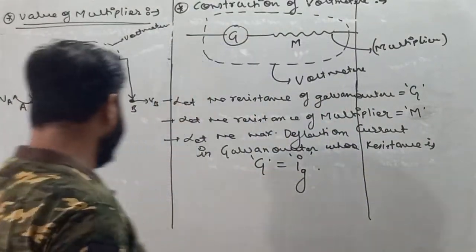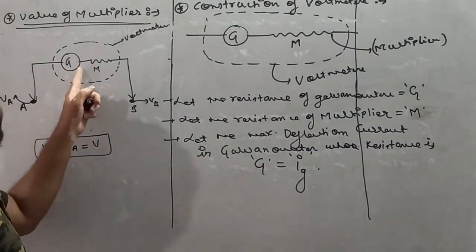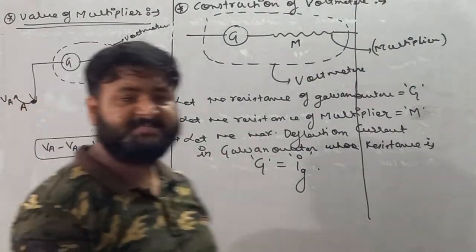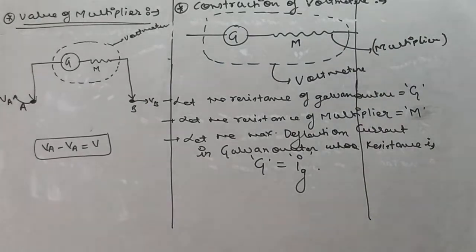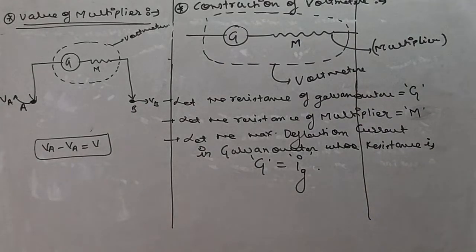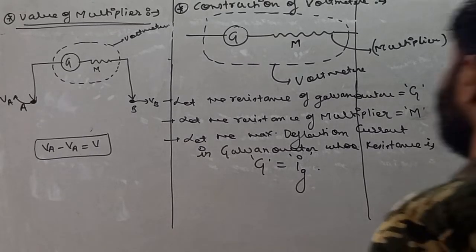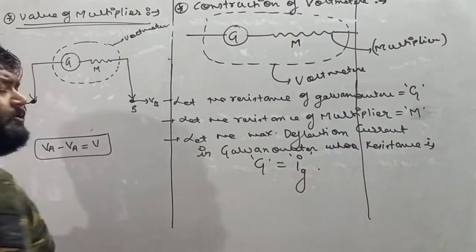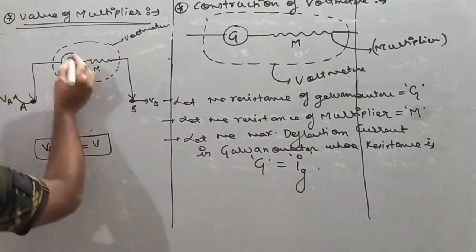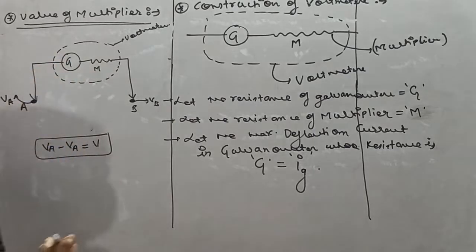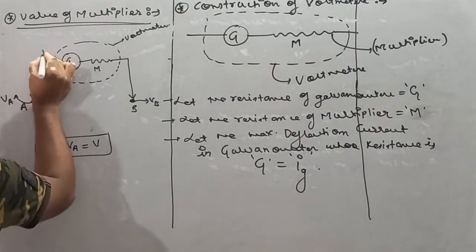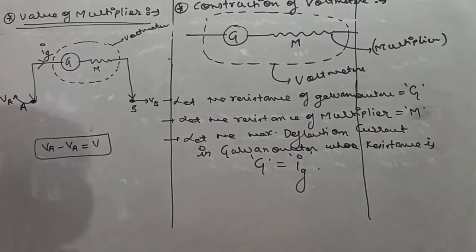Now see my dear student, our galvanometer has resistance G and shows full scale deflection at current Ig. Whatsoever the value of input current, don't worry, this galvanometer only takes Ig current.